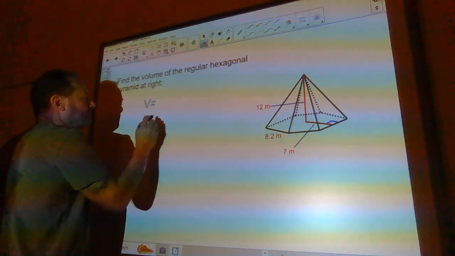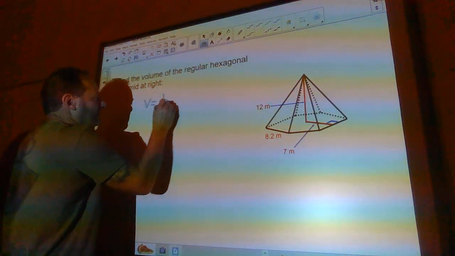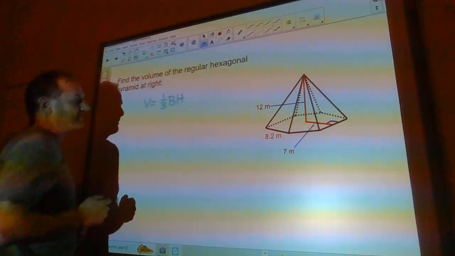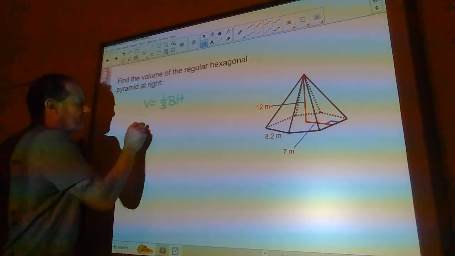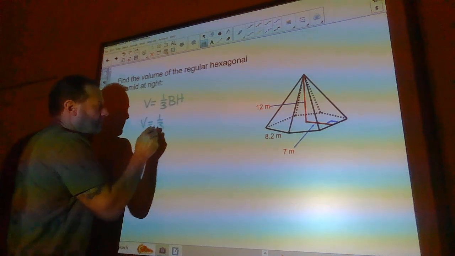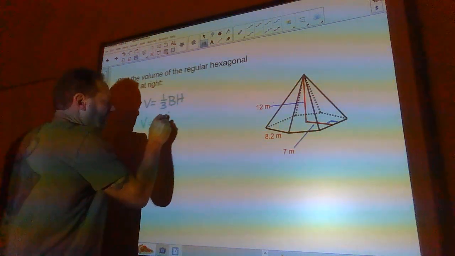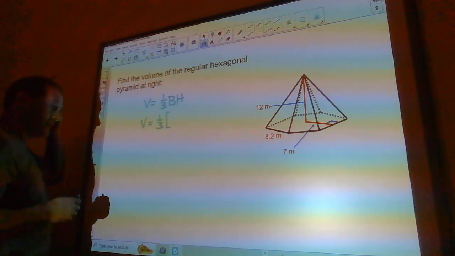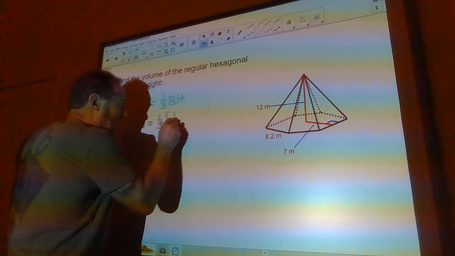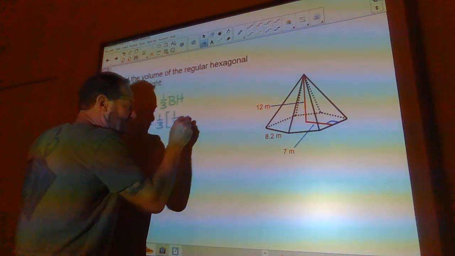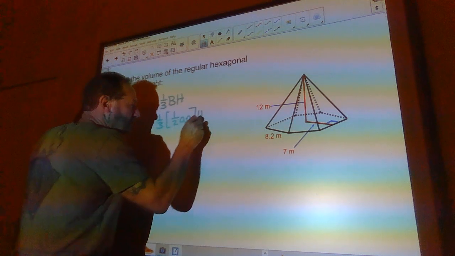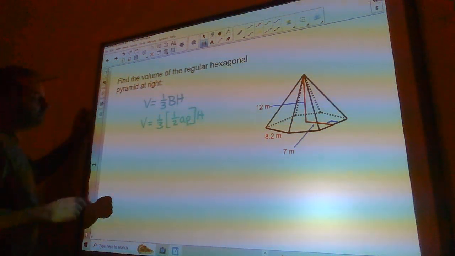Okay, so volume is going to be 1/3 the area of the base times the height. Now, the base is a regular hexagon. We're going to use the regular polygon formula, 1/2 the apothem times the perimeter, times the height.